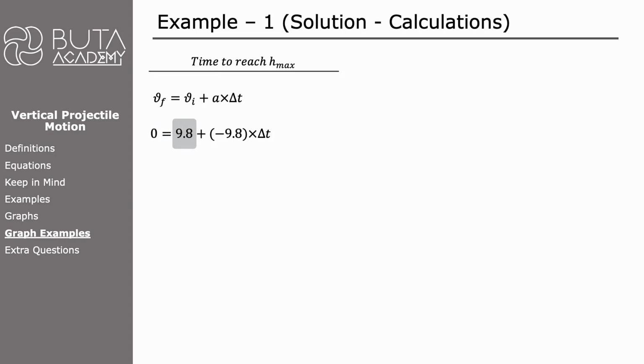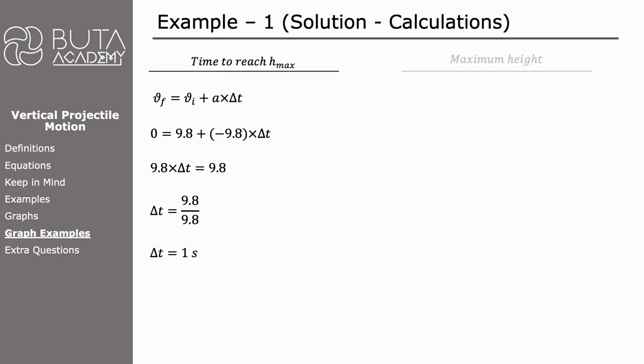Gravitational acceleration on the surface of the Earth is minus 9.8 meters per second square as it is acting downwards. After rearranging the equation, we get 9.8 times delta t is equal to 9.8. The time can be calculated as the ratio of 9.8 and 9.8, which is equal to 1 second.